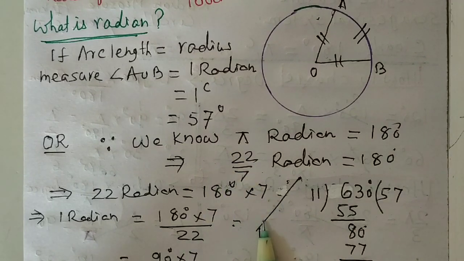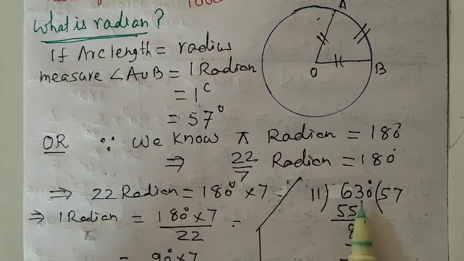If you want to move further, just see how the division is performed. If we divide 57 and 3 degrees by 11, this by this is equal to quotient, remainder by divisor. But we know that 1 degree is equal to 60 minutes and 1 minute is equal to 60 seconds.